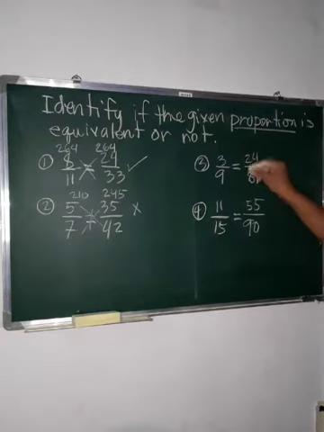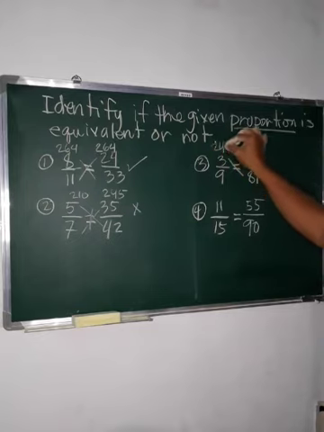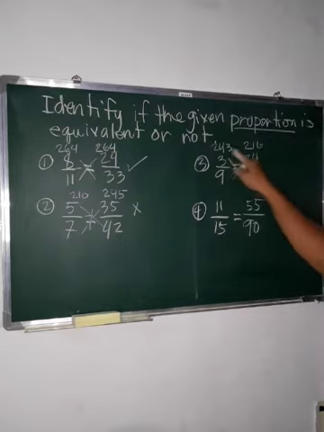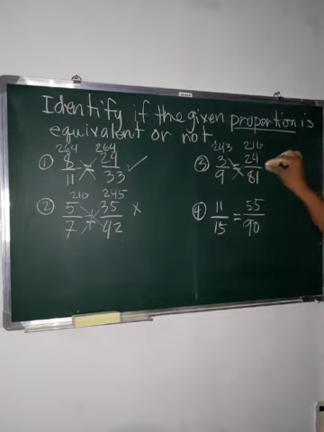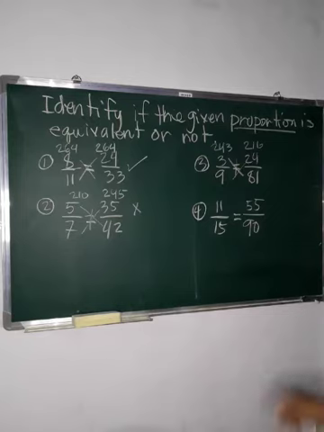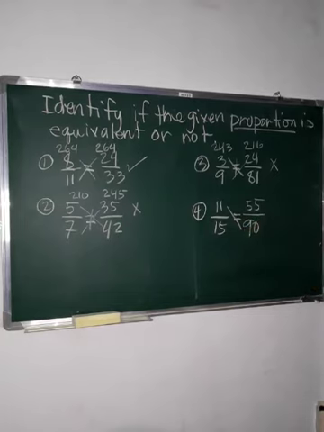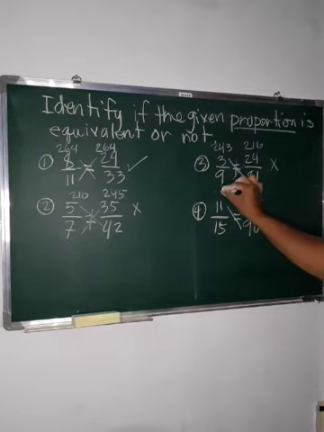Next, number 3, cross product. 3 times 81, we have 243. And 24 times 9, we have 216. So since they are not equal, then it is not proportion. So this is no. Next, 11 times 90, the answer is 990.